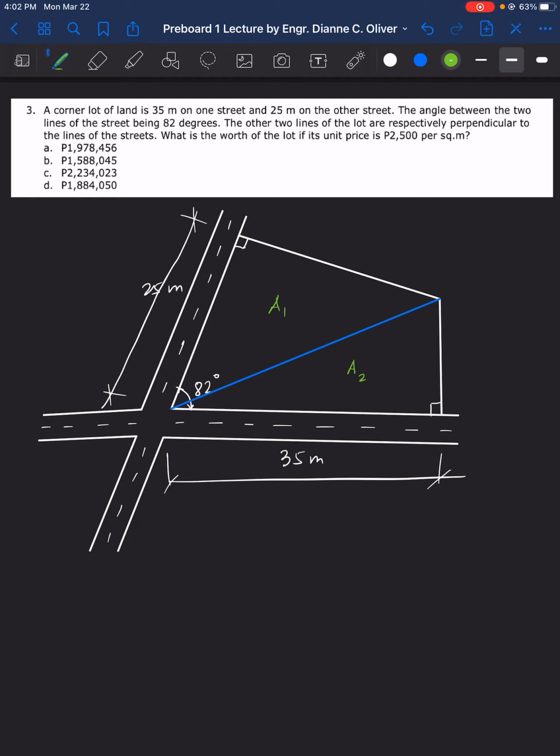First, we will need to find the value of x, the y here, and the z, the length of the other two sides of the street, because I'm planning to find the areas A1 and A2 by getting the area of the right triangles, since this is perpendicular to the street.